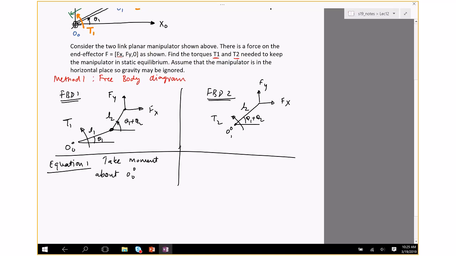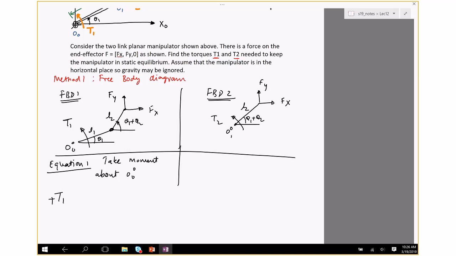And so the torque T1 should be equal to, torque 1, my bad, torque 1 is counterclockwise. Our assumption is counterclockwise positive, clockwise negative. Torque 1 is counterclockwise, so it's positive.